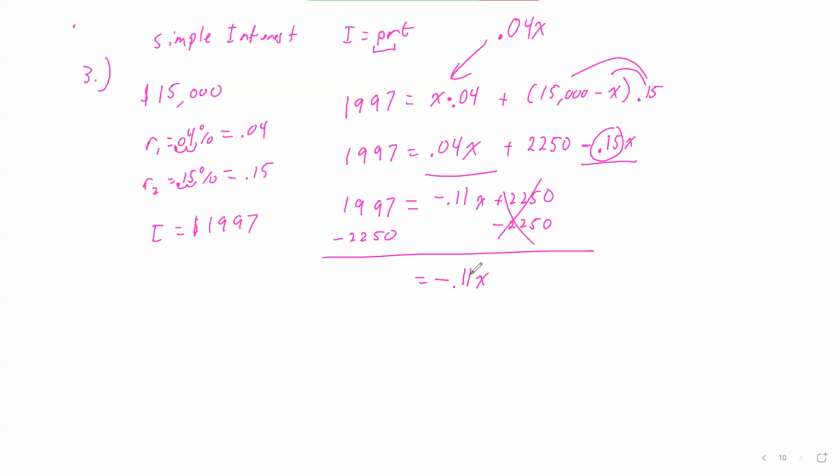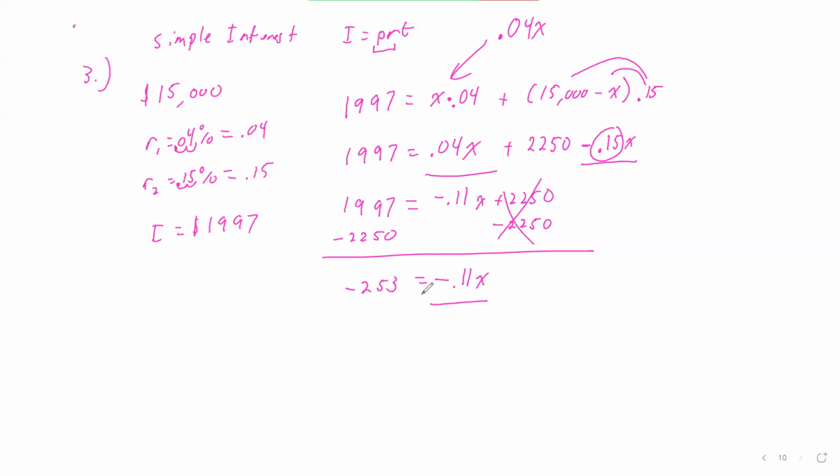So 1,997 minus 2,250. All right. Now what am I going to do? Good.